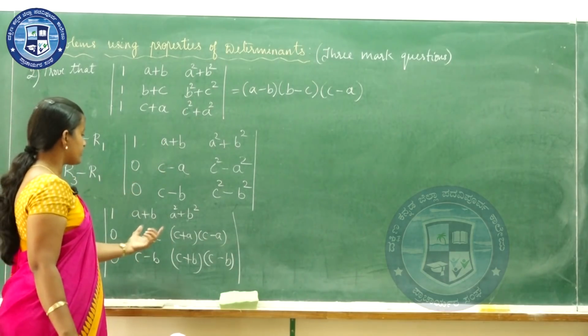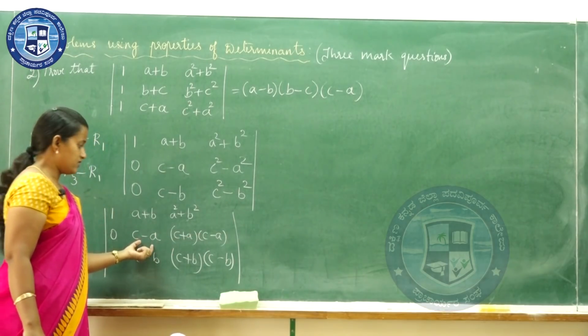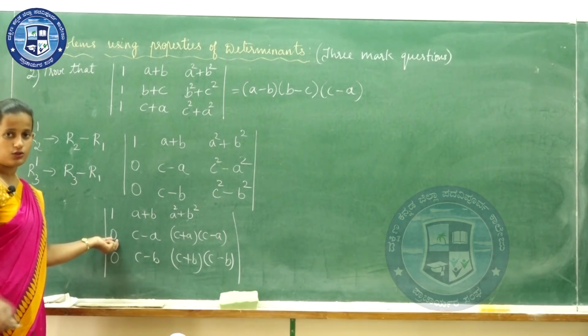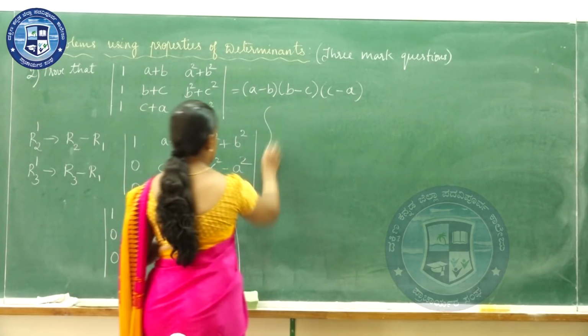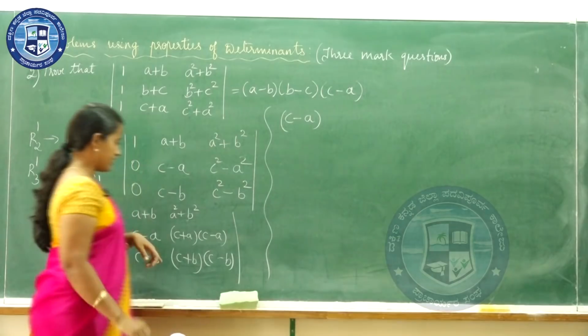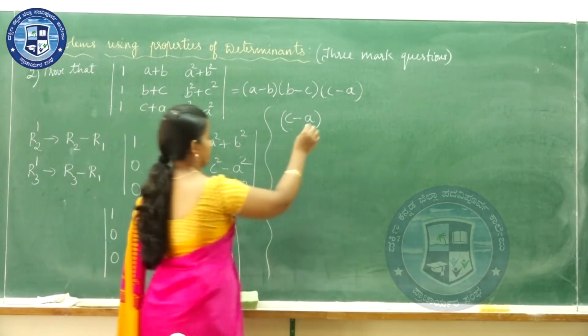Now you take out c minus a. Observe, here there is a c minus a, here there is a c minus a and here there is a 0. Whenever there is a 0, no harm in taking because we can assume 0 into c minus a. So take out c minus a from the second row and from the third row take out c minus b.